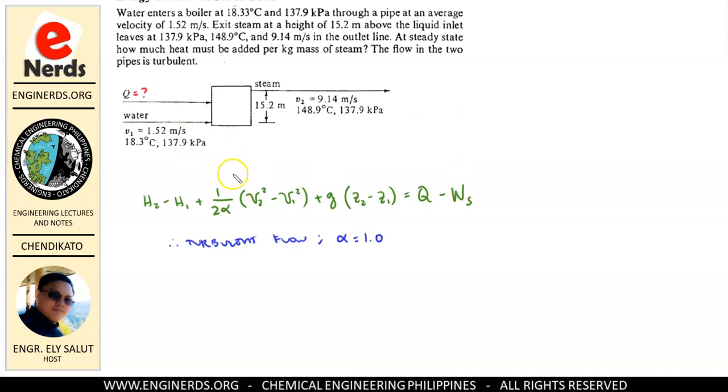So therefore, our Ws here, which is the shaft work, is equal to 0. Okay? So let me rearrange this. So our Q is equal to H2 minus H1, plus 1/2 velocity 2 squared minus velocity 1 squared plus g, then z2 minus z1, okay? So we just cancel itong ating shaft work.